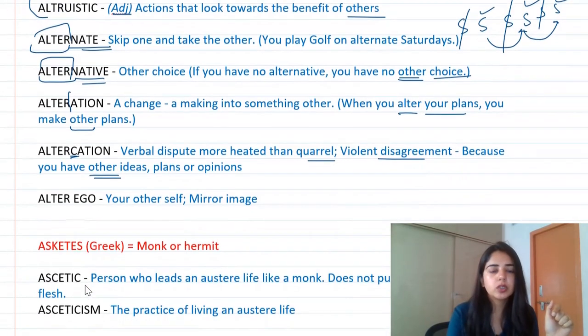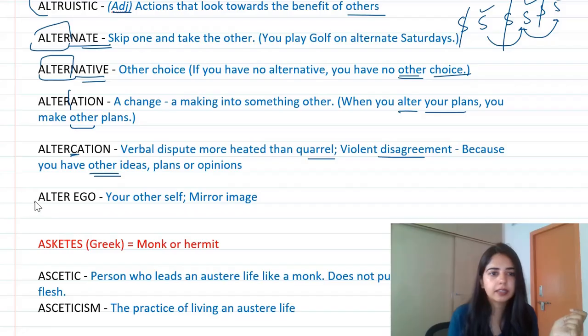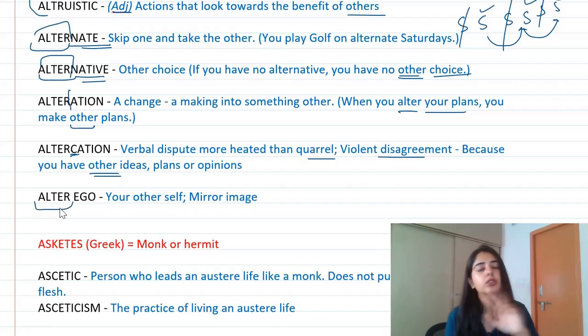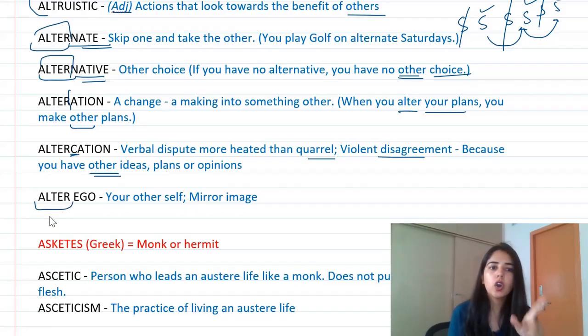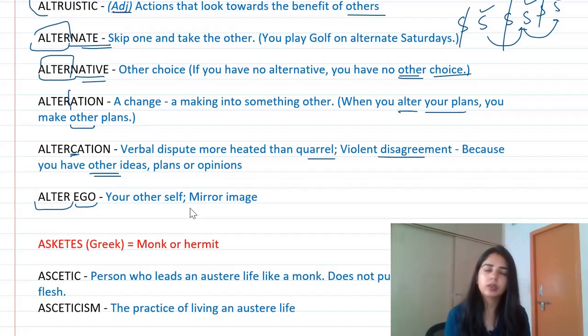Now the next word is alter ego. It has combined both of the root words which we have just learned. Alter means other and ego means I. So your other self, which means mirror image. For example, if I have a sister who is very much like me, we have similar likes, dislikes, interests, behaviors, personality, we are very similar, then we can say that my sister is my alter ego.